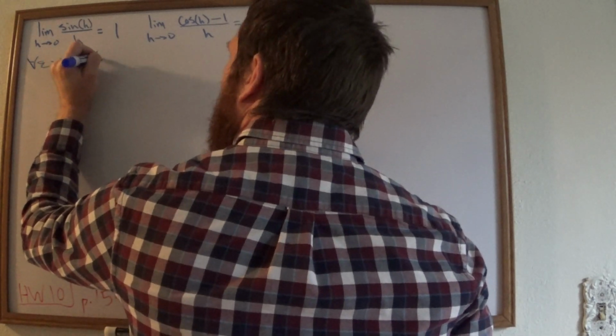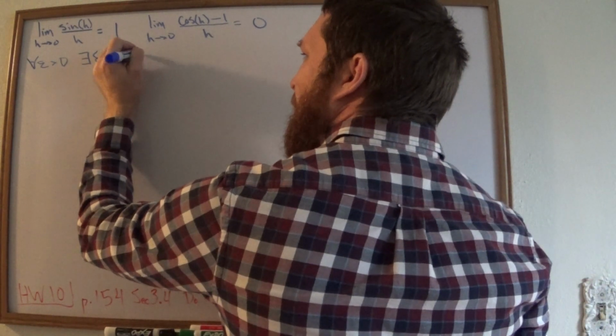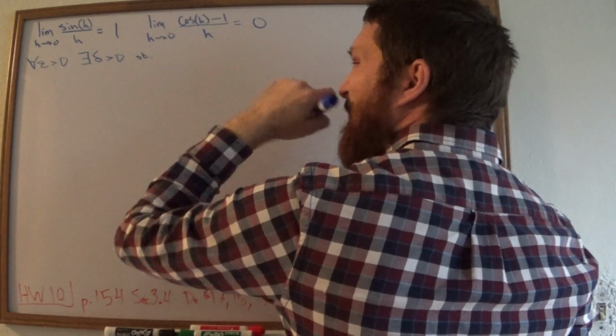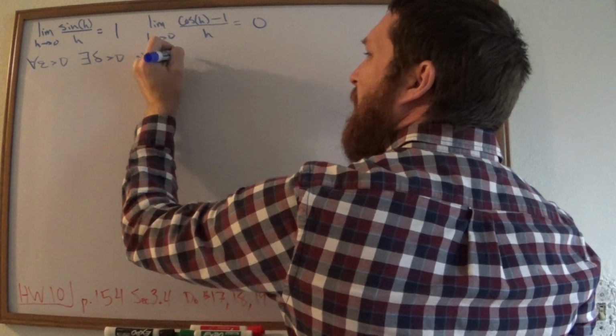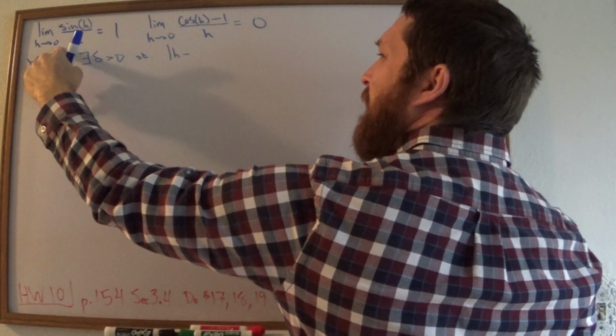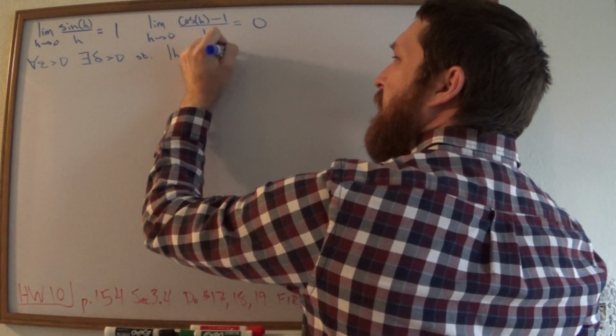There exists a delta, also a positive number, such that 0 is less than |h − 0| < delta.